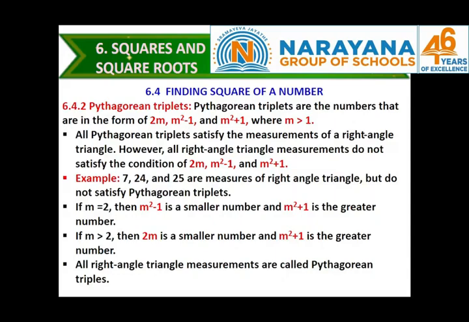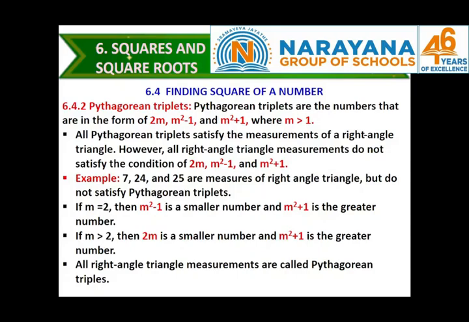Similarly, if m is greater than 2, the smallest number in this case is 2m and the greatest number is m square plus 1. There is no difference in the largest number, but in the smallest number, if m is equal to 2, m square minus 1 is the smallest number. If m is greater than 2, in all remaining cases, 2m is the smallest number.